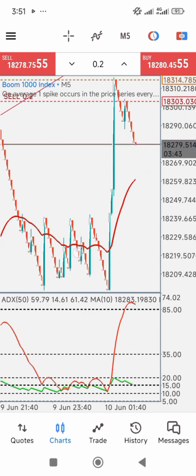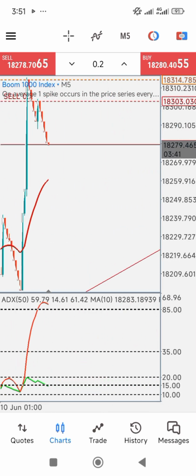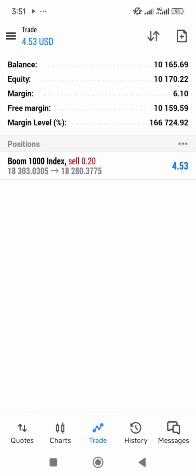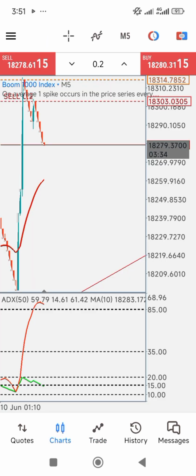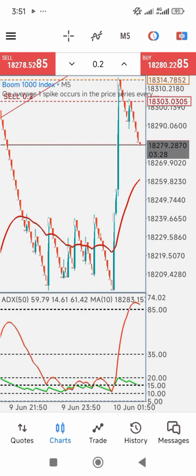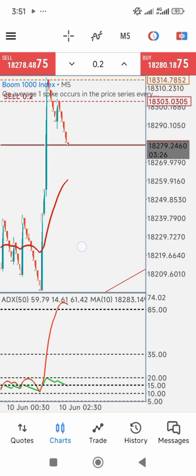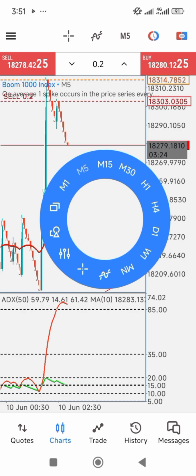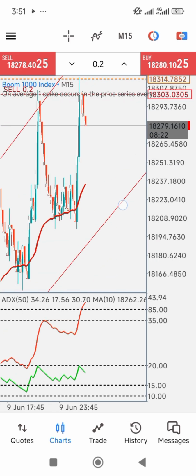So this is 351 and it's still selling. We have already gotten $4.53. This $4.53, if you should close by this time, you are still on profit. You check for another opportunity like this and you enter again, you will close.